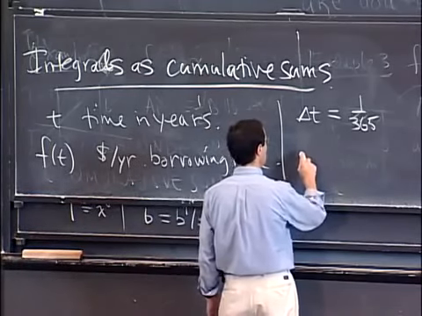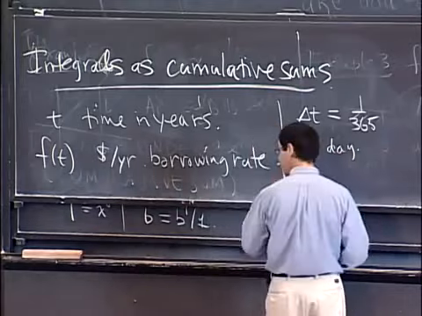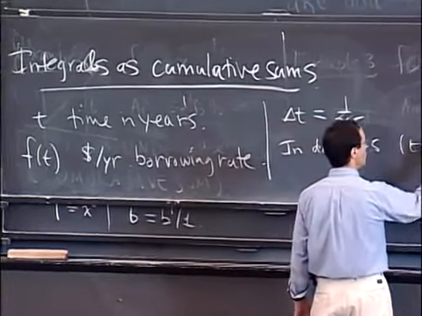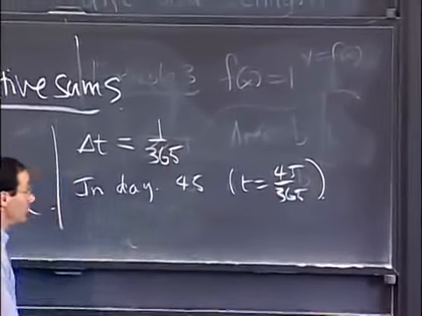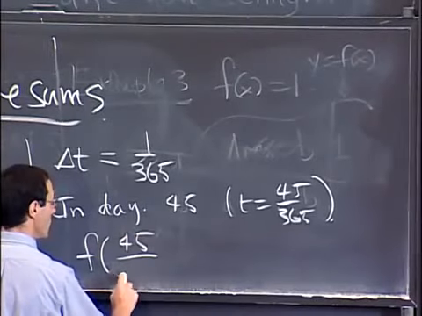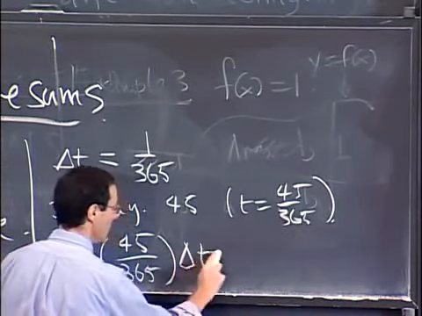Well, in day 45, which corresponds to t equals 45 over 365, you borrowed the following amount. Here was your borrowing rate times this quantity.